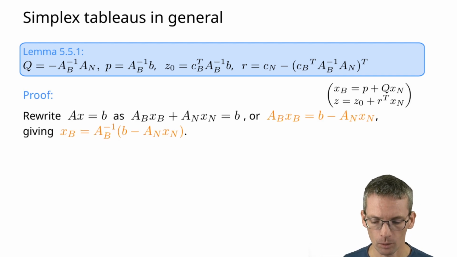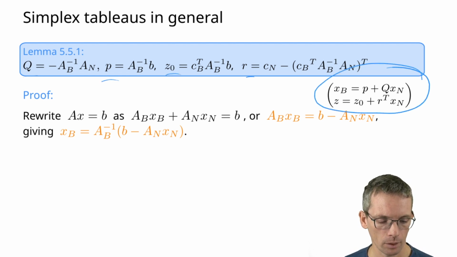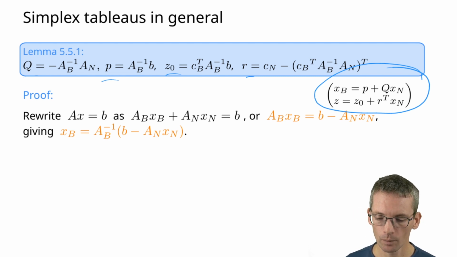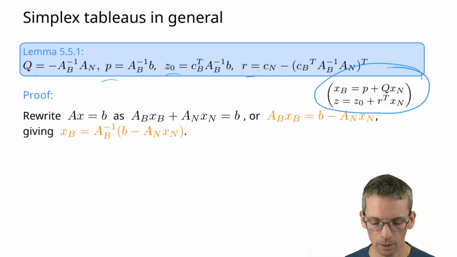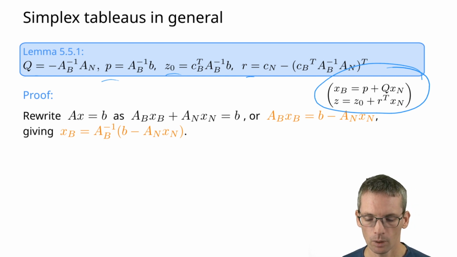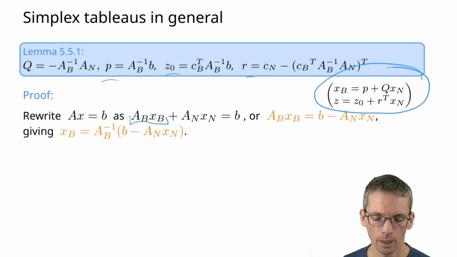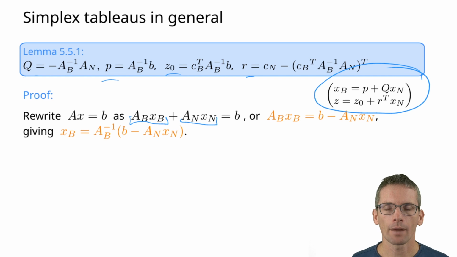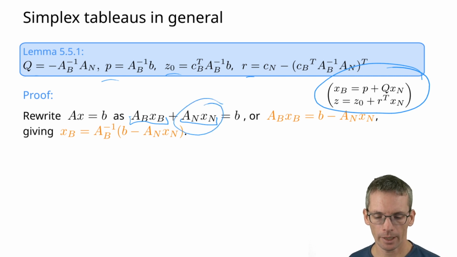We want to prove that all of these vectors and matrices are as stated. Recall, this is what it should add up to. Now, if you take Ax equals b, we can first rewrite Ax as ABxB plus ANxN, and then bring ANxN onto the other side.